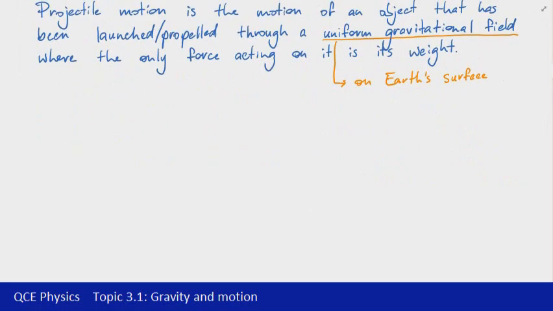Now, some examples, just to make it a little bit clearer, some situations that you'd be familiar with would be things like the flight of a golf ball. So that could be considered projectile motion. A second one would be throwing a rock off a cliff.